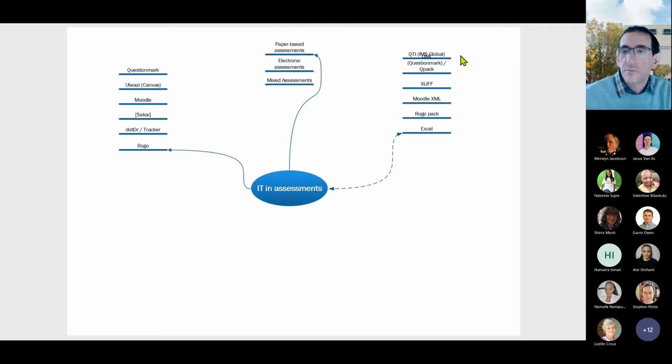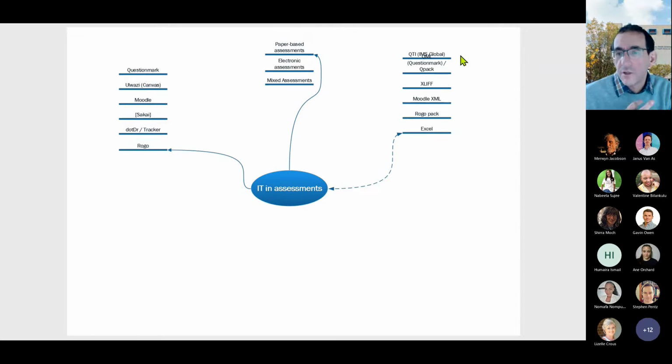Unfortunately, most of the systems tend to develop their own standards. So Question Mark, for example, has got the QPAC format. Moodle has an XML format for importing and exporting, even though they can import Q packs as well. Rogo has its own pack.